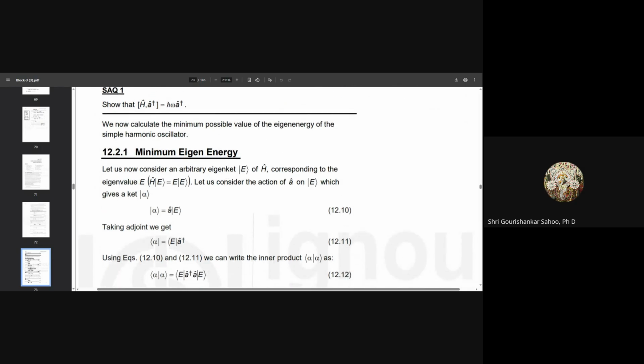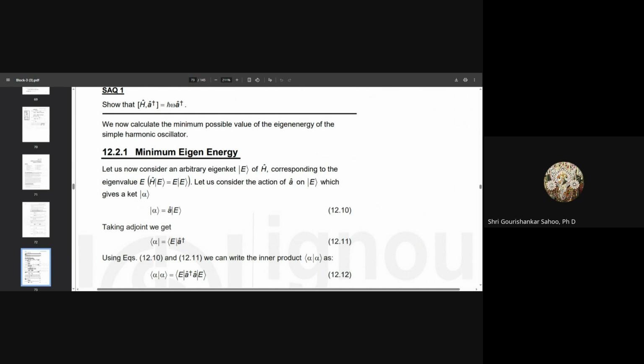So now you can consider an arbitrary eigenket |E> of H cap corresponding to the eigenvalue E. So let us consider the action of A cap on |E> in ket formalism. So you have ket alpha is equal to A cap |E>. And by taking the adjoint, you can write bra alpha is equal to <E| A cap dagger.